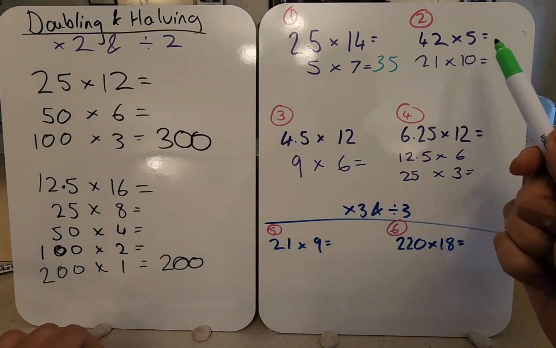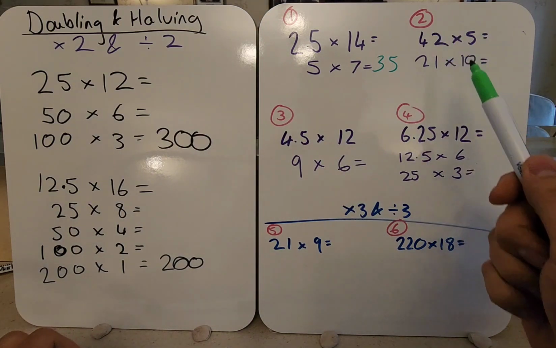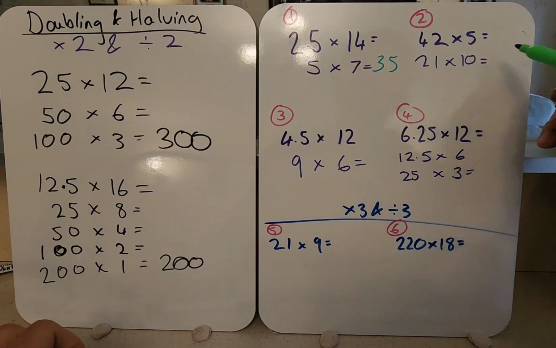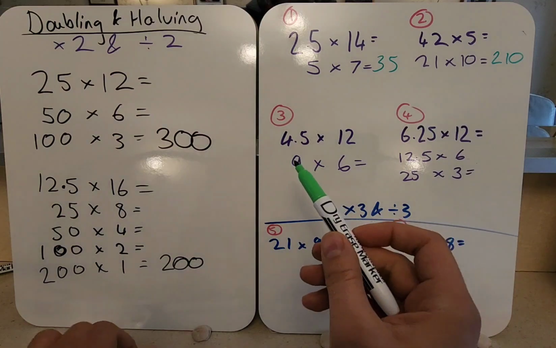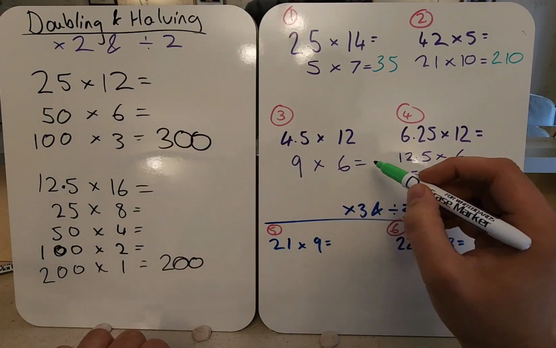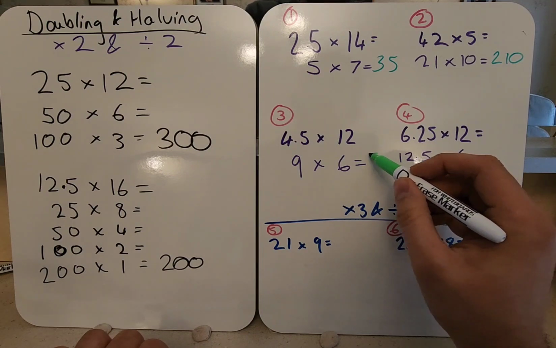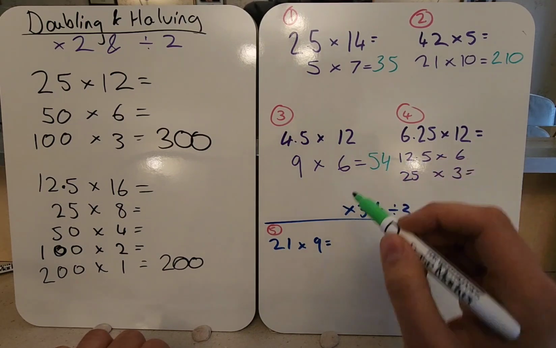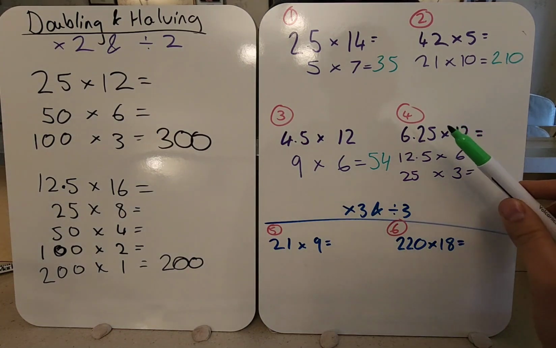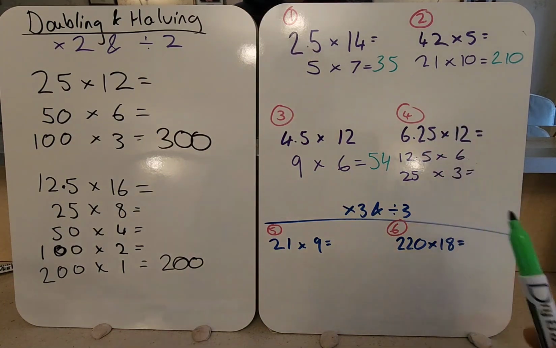Here, if one of your numbers is 5 and the other one's an even number, again, please double the 5, because 10 times anything is relatively easy. Here, again, ends in 0.5. Let's double this, half this, and we have 4.